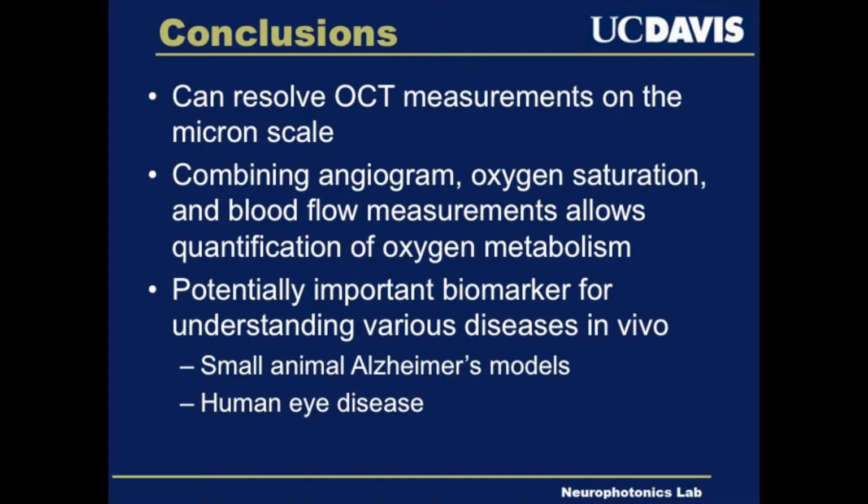I mean, you can apply this to any sort of tissue, but a couple things that we think are pretty interesting is you could use it for a small animal Alzheimer's model in the brain, or while you can't do human imaging in the brain because of how invasive it is, you can do imaging in the human eye. So you can do metabolic imaging of eye disease in humans in vivo.